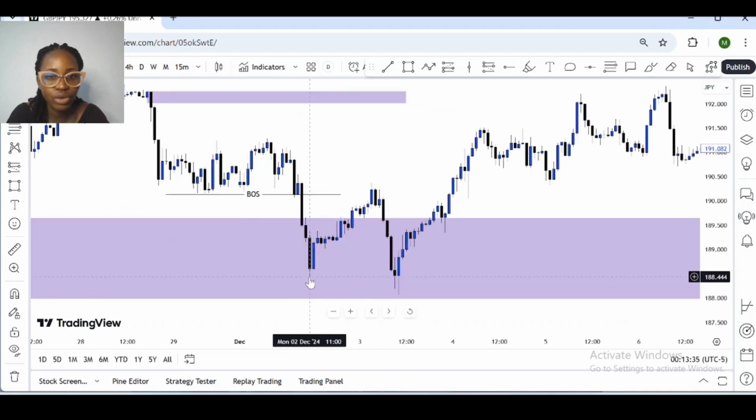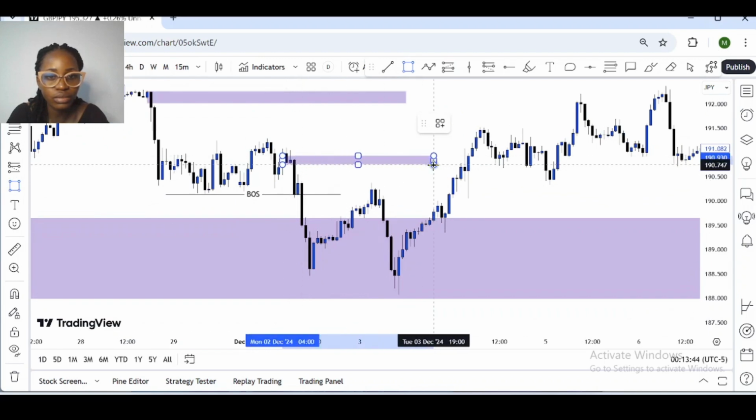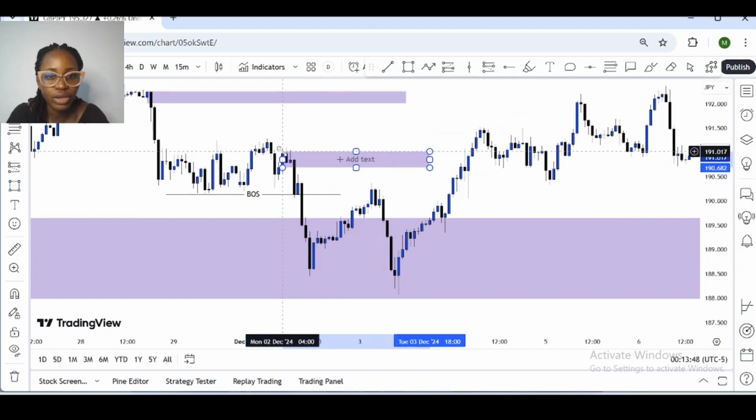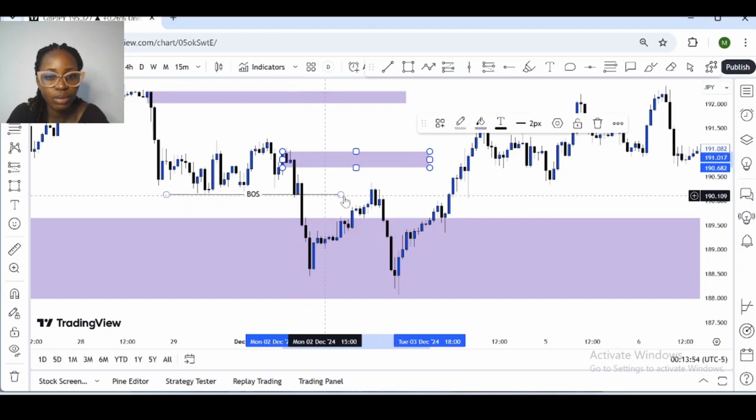So we have a new break of structure here, and where is the origin that caused it? This zone here is the origin. We can see that price did not come all the way up to this zone, but respected this other block here before pushing to the downside.